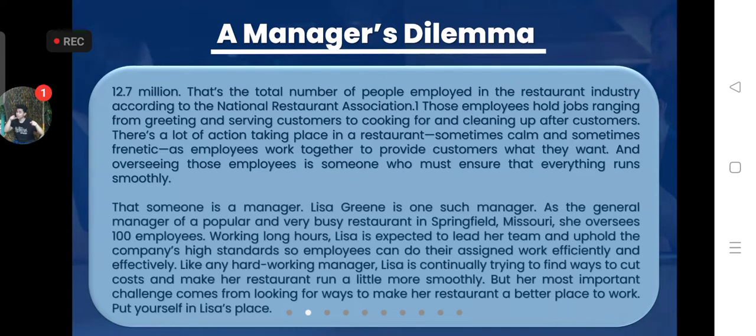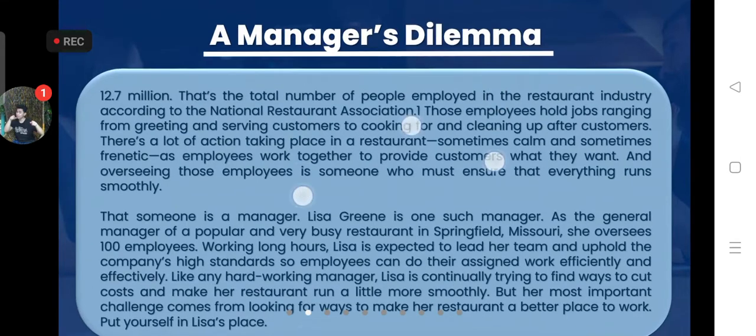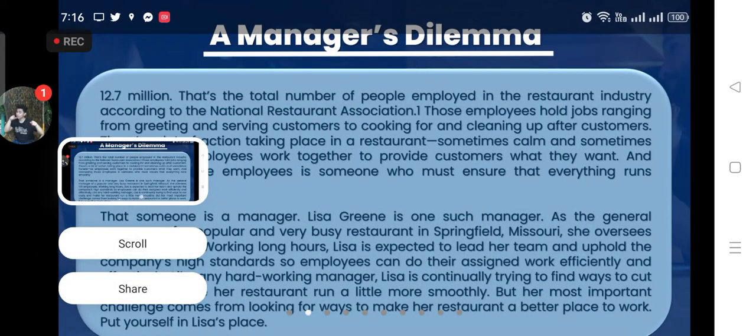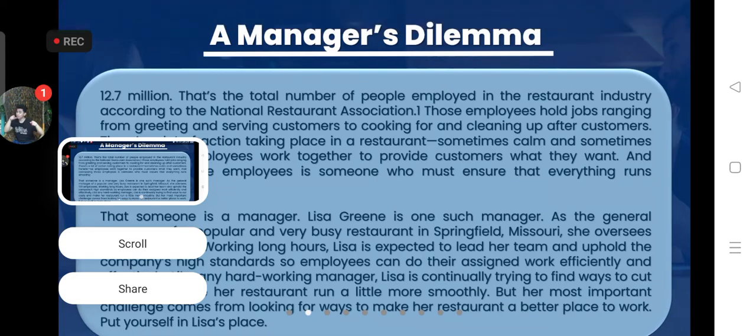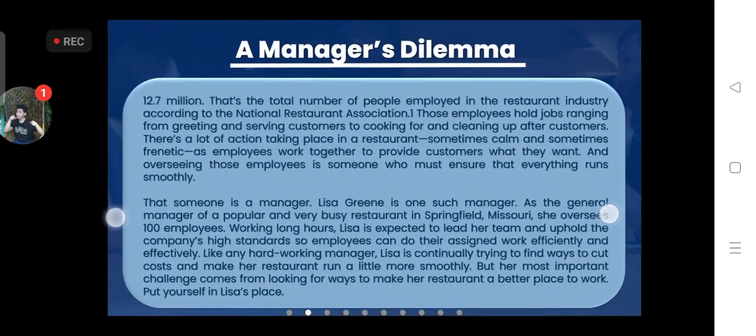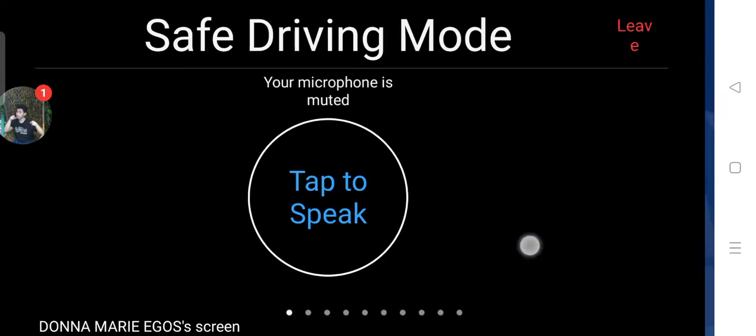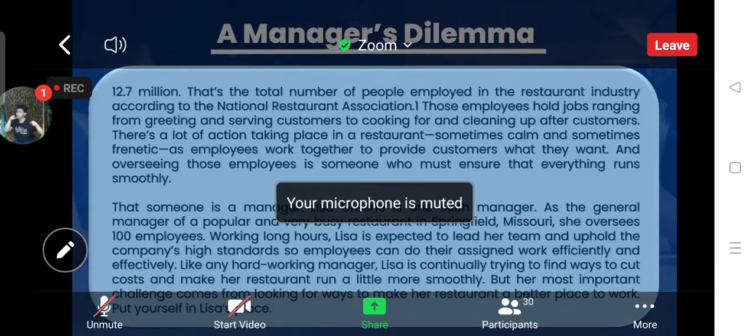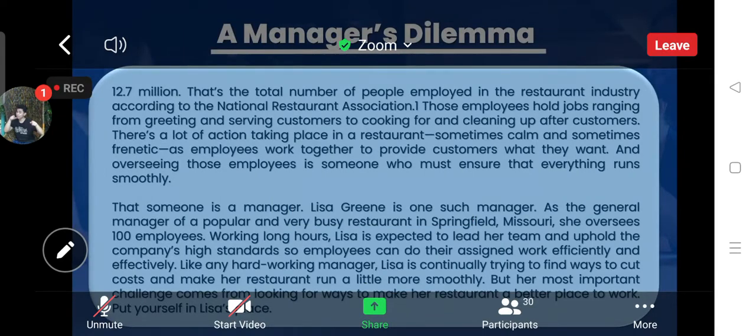That someone is a manager. Lisa Green is one such manager, as the general manager of a popular and very busy restaurant in Springfield, Missouri. She oversees 100 employees, working long hours. Lisa is expected to lead her team and uphold the company's high standards so employees can do their assigned work efficiently and effectively.